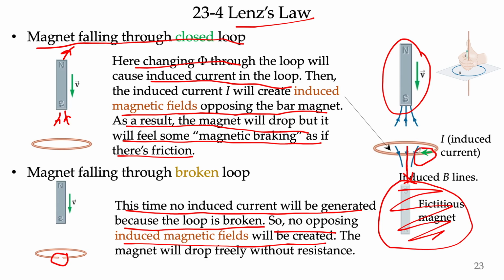If you cannot create current, then you cannot create opposing magnetic field lines. So there's not going to be any induced magnetic fields here if the wire is broken. So the magnet will drop freely without any resistance.